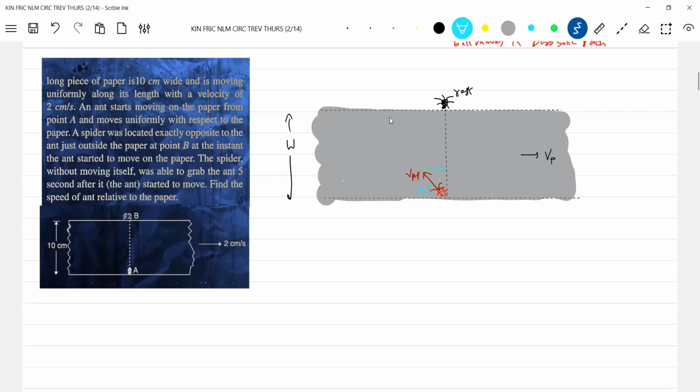So here velocity of paper will come, so that velocity of ant with respect to ground will be in this direction. So it has started from A, it has to reach B. You ask the ant where you are heading. It'd say that I'll reach C and I'll be safe. But finally, it will land in the mouth of the spider. The same riverboat concept it is. The question is asking to find the speed of the ant relative to paper. What is asked? VAP.